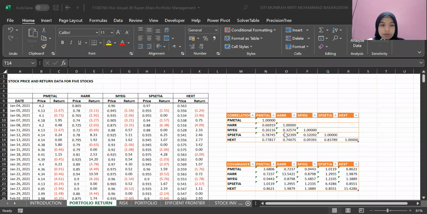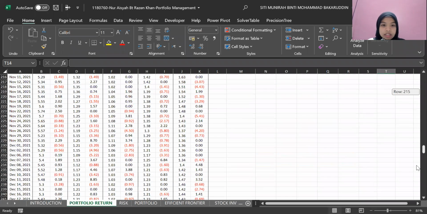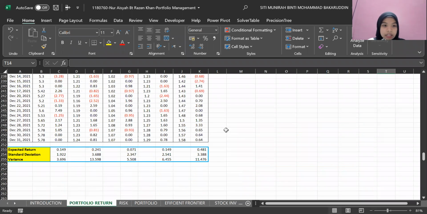Okay, next for my stock price and return data for 5 stock. And the expected return for my stock is quite good. For example, for Press Metal Company, I get 14.9%, which is considered a good return since the return is more than 7% per year.